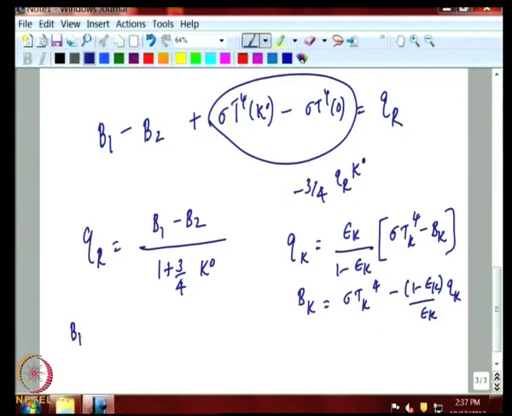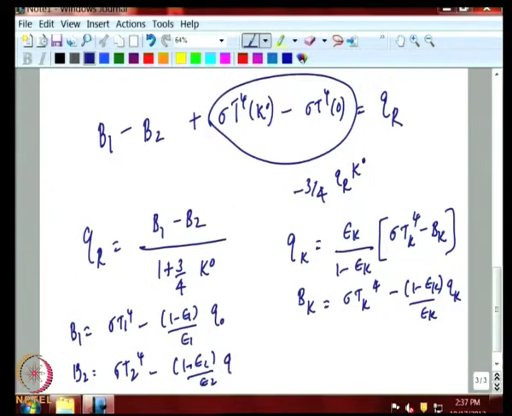So, one result is, and the second result is, so this should be written as Q of, this is bottom wall, top wall.